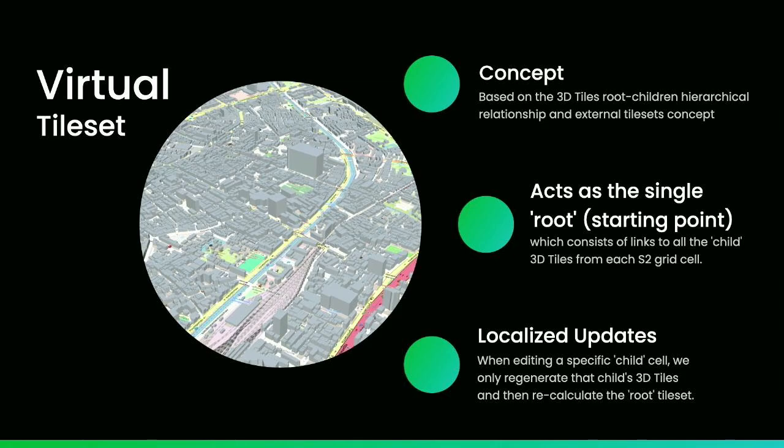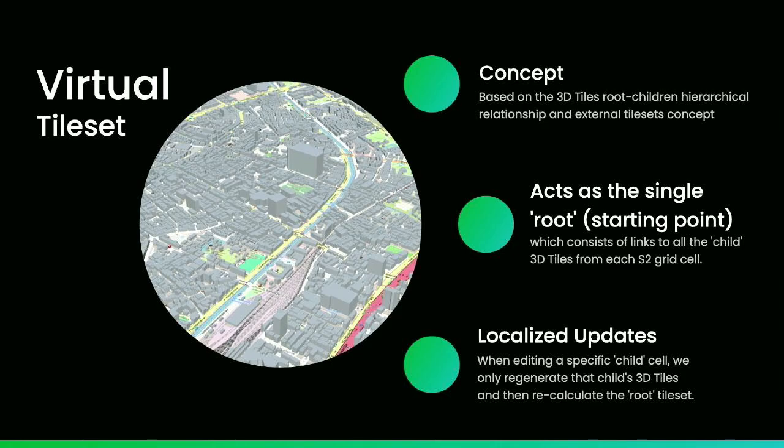Our virtual tileset acts as a single root, the starting point, and that root contains the links to the child S2 grid cells. It also enables localized updates: when you edit a specific S2 grid cell, you just have to regenerate the 3D tiles for that grid only and recalculate the root tileset, and it only affects that small grid.